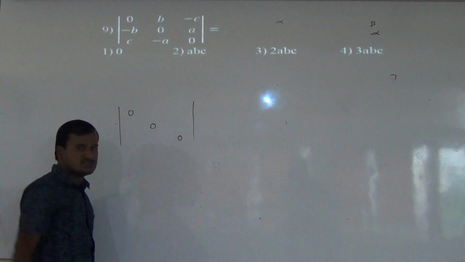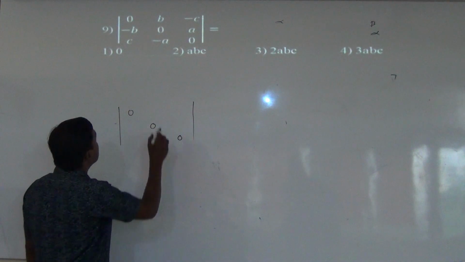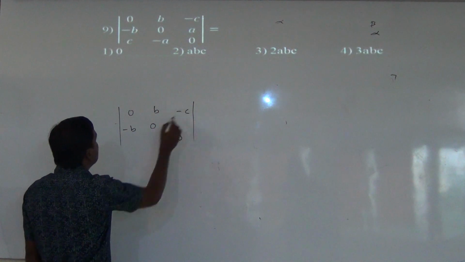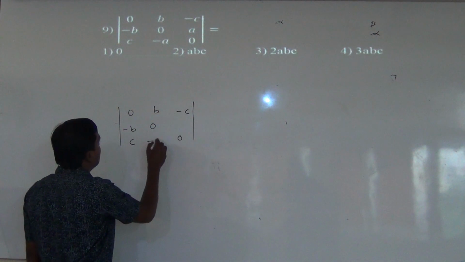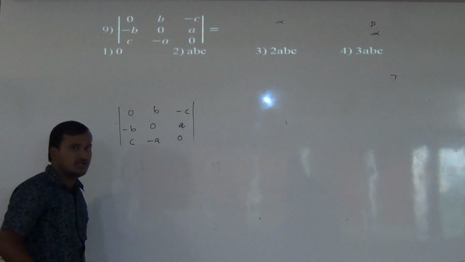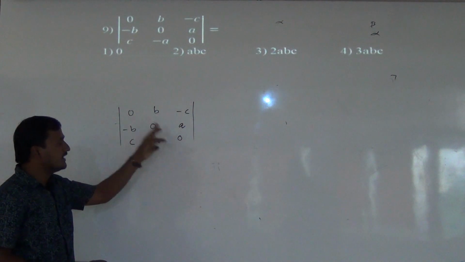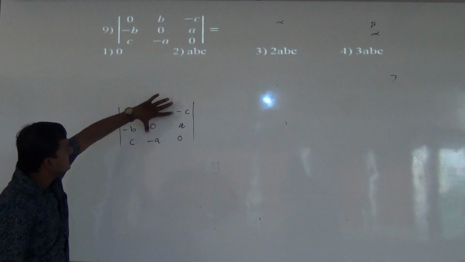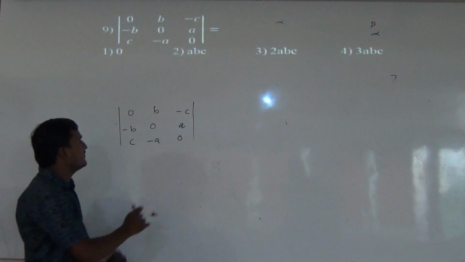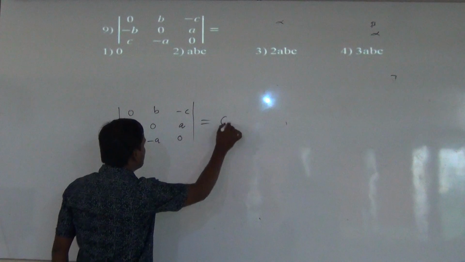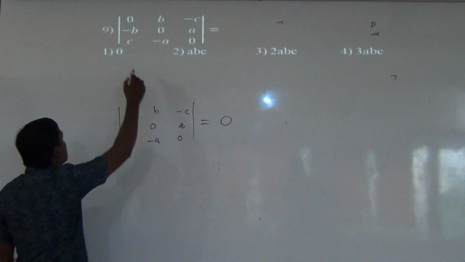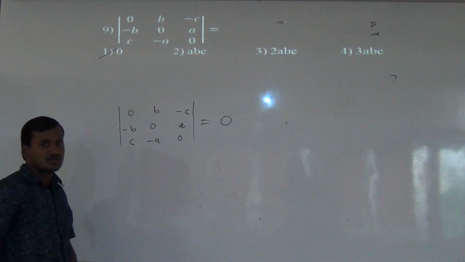The principal diagonal elements are all 0, and these are the same elements with opposite sign. So the value of the skew symmetric determinant is always equal to 0. So the first option is the correct one.